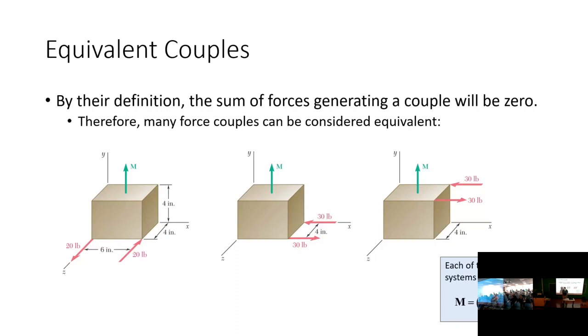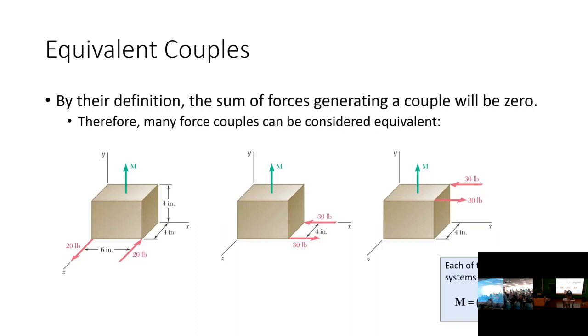Okay, so let's say here's the box. I know it's not a box, it's a tape dispenser. But let's say here's the box, and let's consider this first scenario over here. So we're pushing this way with 20 pounds, this way with 20 pounds. So we're doing this to it, right?